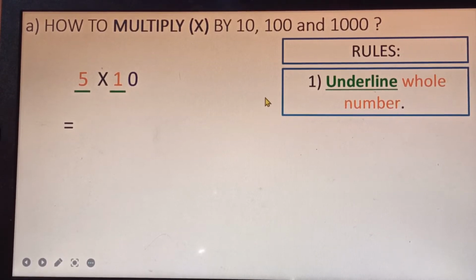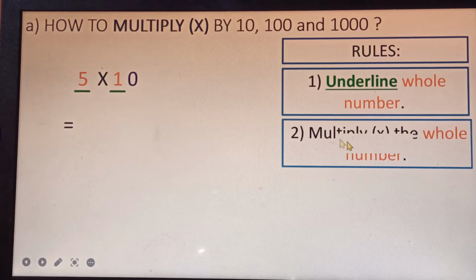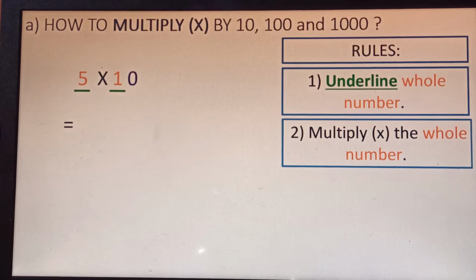What happened to step 2? Step 2, multiply the whole number. Selepas underline whole number tadi, selain dari 0, we multiply the whole numbers only. So 5 times 1 is equal to 5, isn't it?